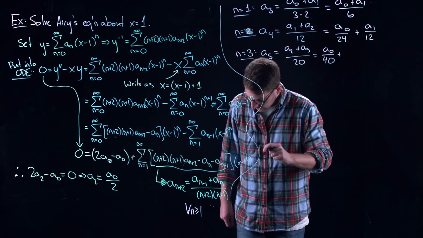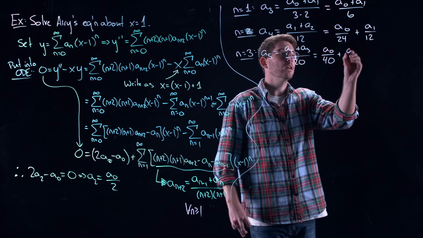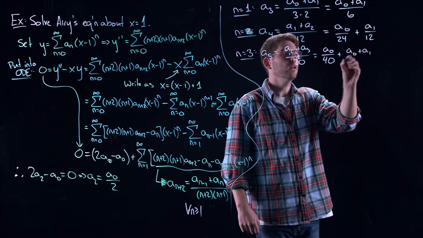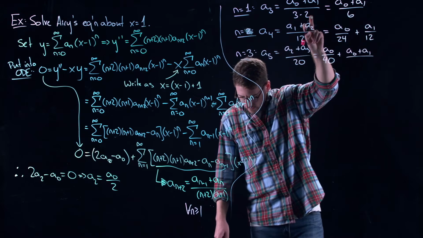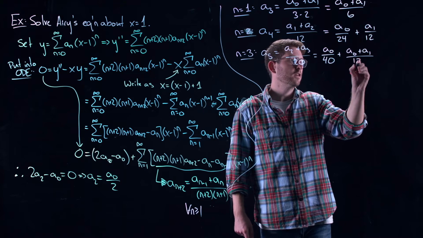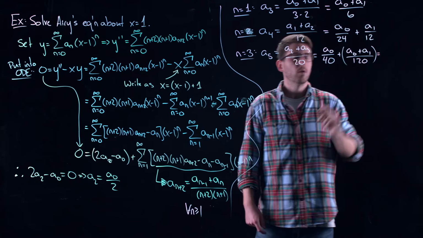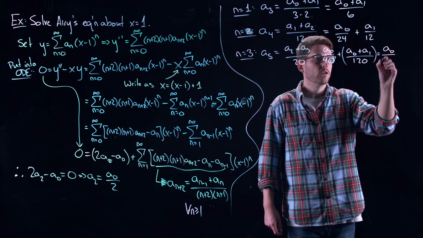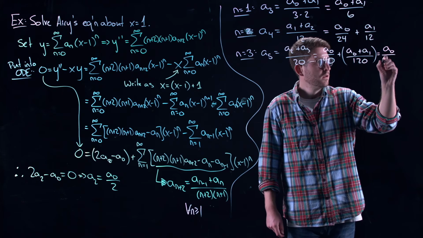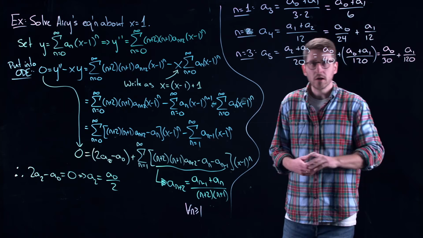And then I get a3, which is a0 plus a1 divided by 6, and then times 20 is 120. So that's my a3 term. And of course, I want to group all the a naughts together. So a0 over 30 plus a1 over 120. So it's getting very, very ugly.